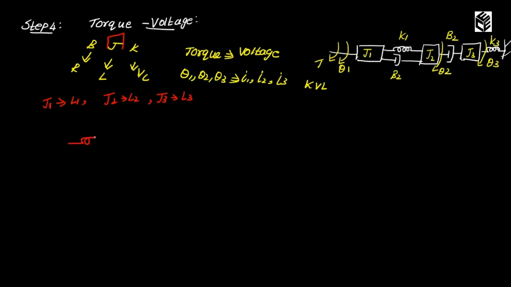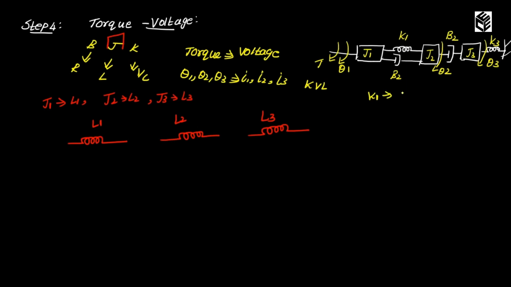That is node 1, node 2 and node 3. L1, L2 and L3. Now let's check whether there is any common element between L1 and L2. So to nodes J1 and J2 we have common elements K1 and B1.